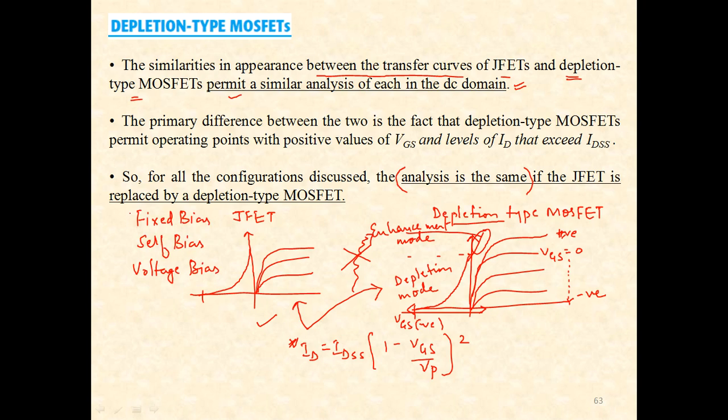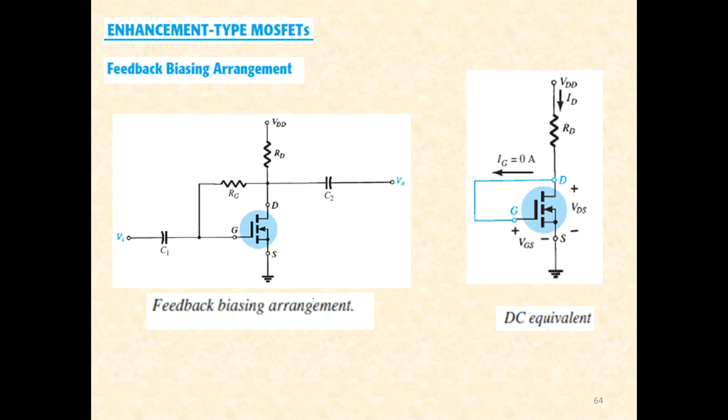For these three configurations, the DC analysis is the same for a depletion type MOSFET also. That means if I just replace the JFET symbol with a depletion type MOSFET, everything else remains the same.